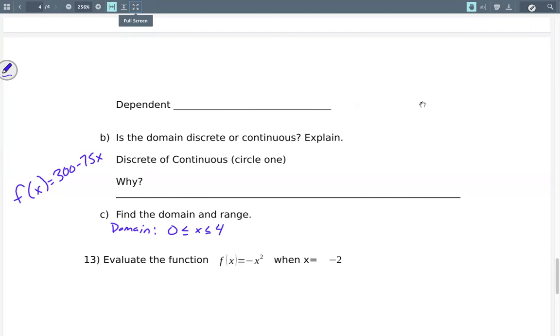And all I did was, I thought to myself, well, how long would it take me to go 300 miles? Okay, if I'm 300 miles away and I have to get home, how long would that take me if I go 75 miles an hour? That would take me 4 hours. Now my range, well, it's going to be 300.